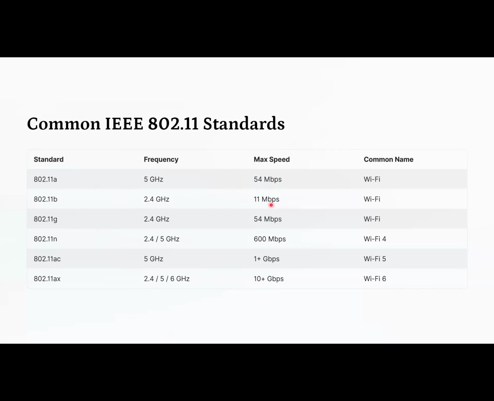So for instance, if you have so many people connecting to an 802.11 router or access point, and the maximum throughput is 11 megabits per second, and you have about 22 people connected, on average, what do you think is going to be the speed of each individual?